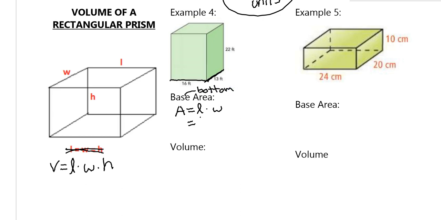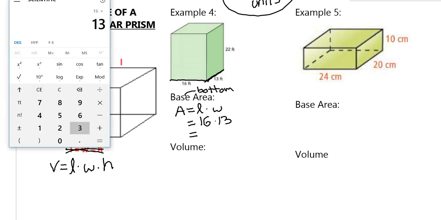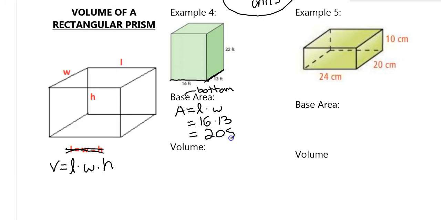So I'm looking at numbers on the bottom, is 16 times 13. 16 times 13 is 208 feet squared. Your area is squared.